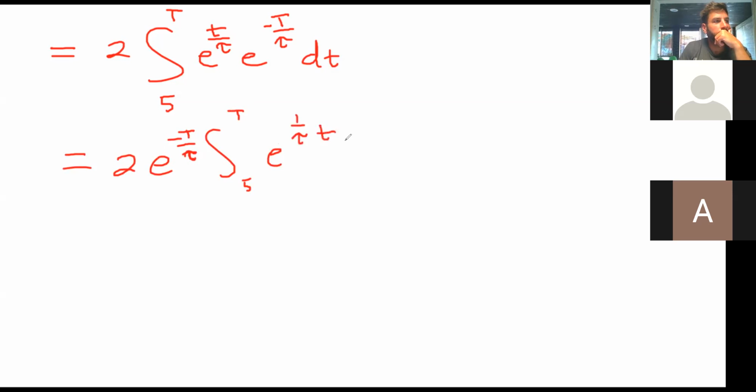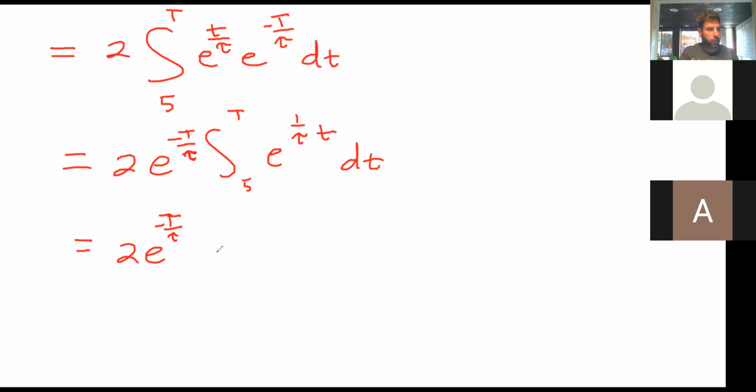So I can write it like this. Lots of little letters that look to be the same. But when I integrate this now, this is not a difficult integral. How do you integrate e?